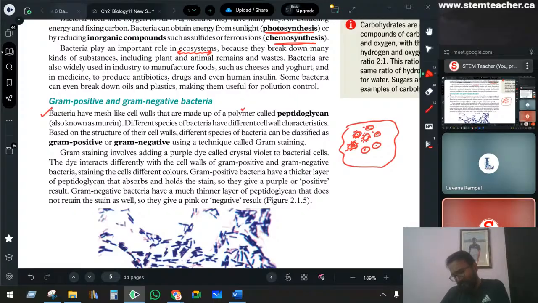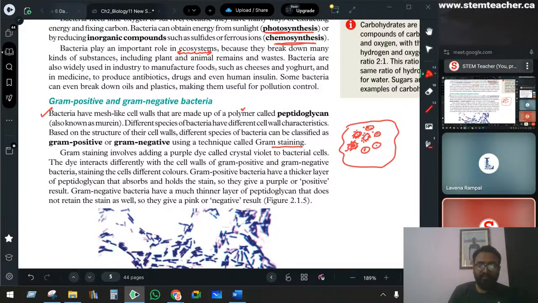But there are good bacteria and bad bacteria also. We need bacteria. Depending upon the cell walls and their structure, we can define different species of bacteria and classify them as gram-positive or gram-negative using the technique called gram staining.